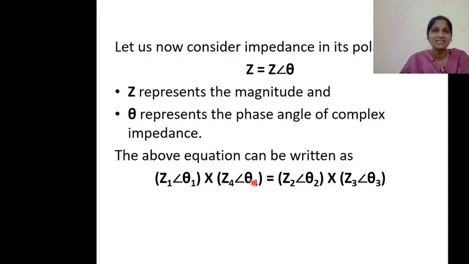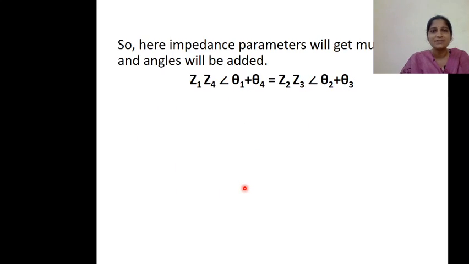So in polar form, the magnitudes are multiplied, whereas the phase angles are added. So this becomes Z1 Z4 at an angle theta 1 plus theta 4 is equal to Z2 Z3 at an angle theta 2 plus theta 3.